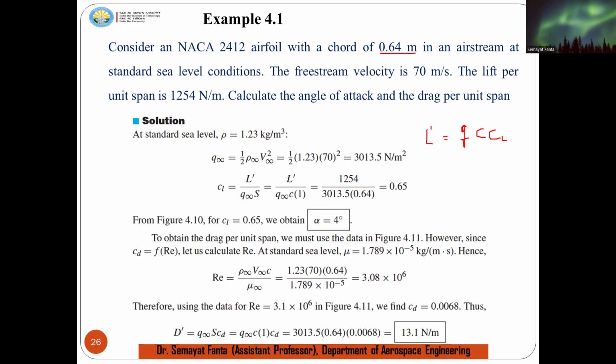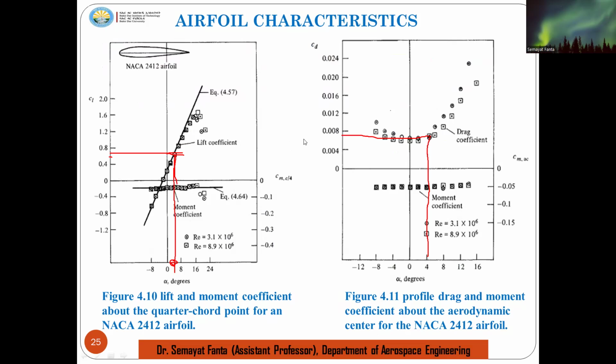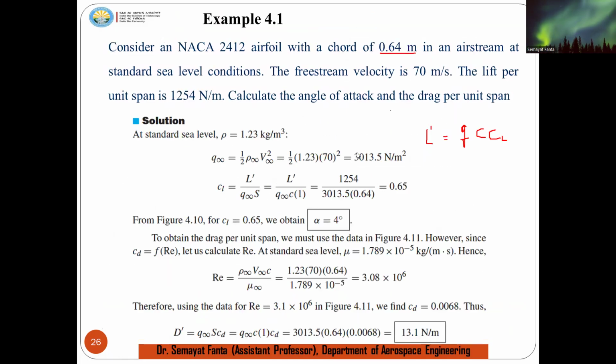So that is the first question. We have the second question: for an aerofoil and flow condition given in the previous example, calculate the moment per unit span about the aerodynamic center. This diagram indicates aerodynamic center condition.